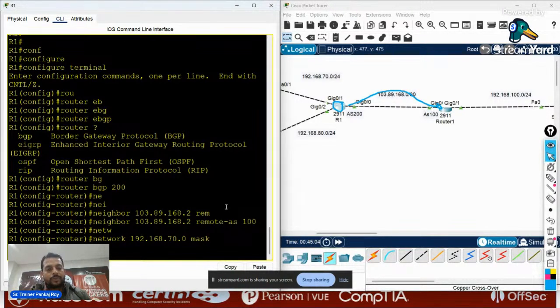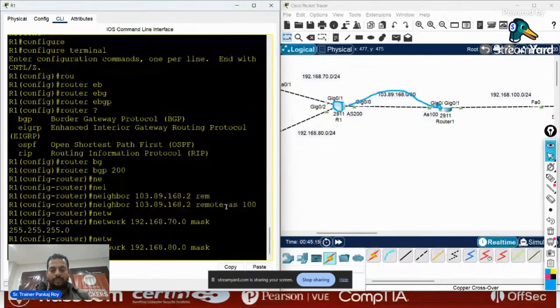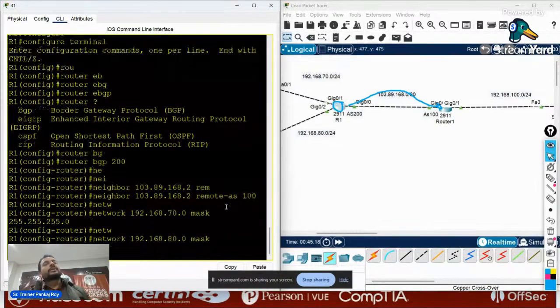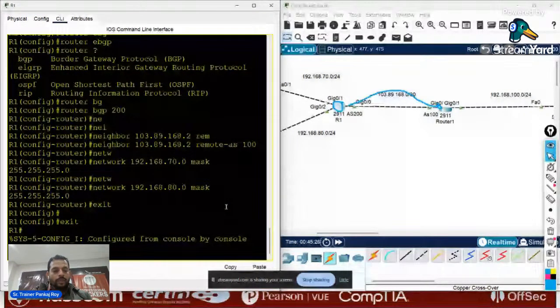Another network: the second network is 192.168.80.0 with mask 255.255.255.0. The two networks have been advertised on AS 100. So exit.